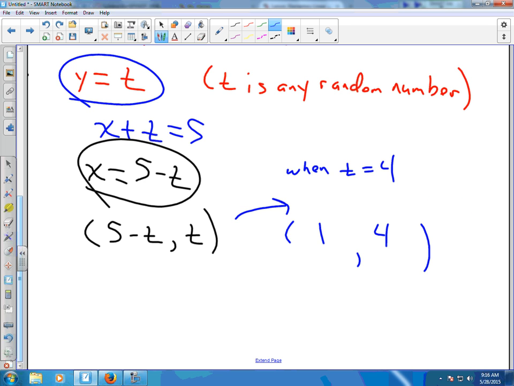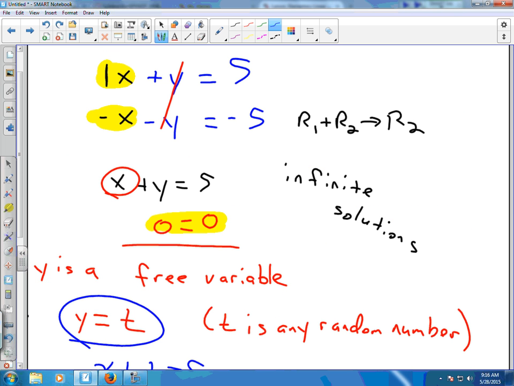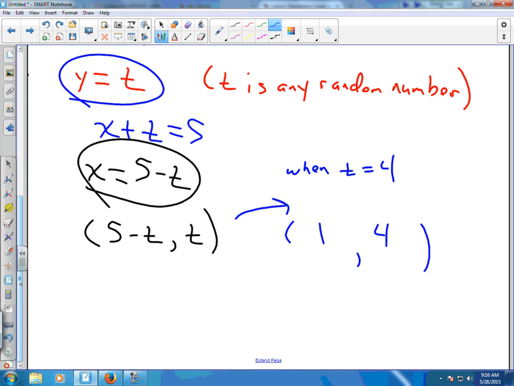If we think back to our original problem, isn't 1 plus 4 5? Isn't minus 1 minus 4 negative 5? If we let t be another number, for example, if we put a 5 in, then that would make x 0, y 5.